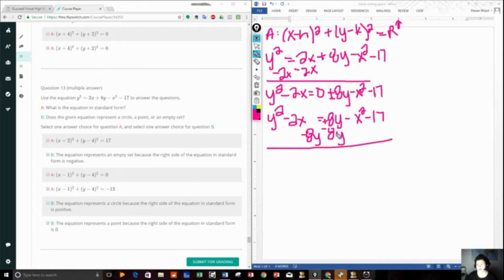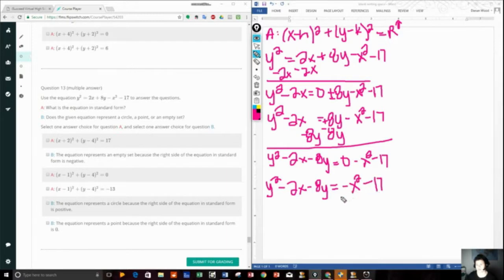We have no like terms to 8y, so we're just going to rewrite it: y squared minus 2x minus 8y equals 8y minus 8y is 0, minus x squared minus 17. 0 minus x squared is just minus x squared, so we have y squared minus 2x minus 8y equals minus x squared minus 17.